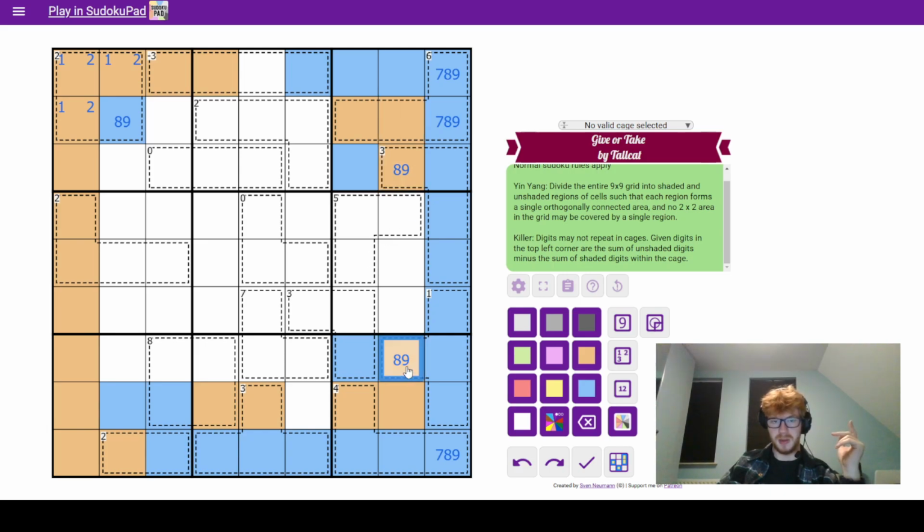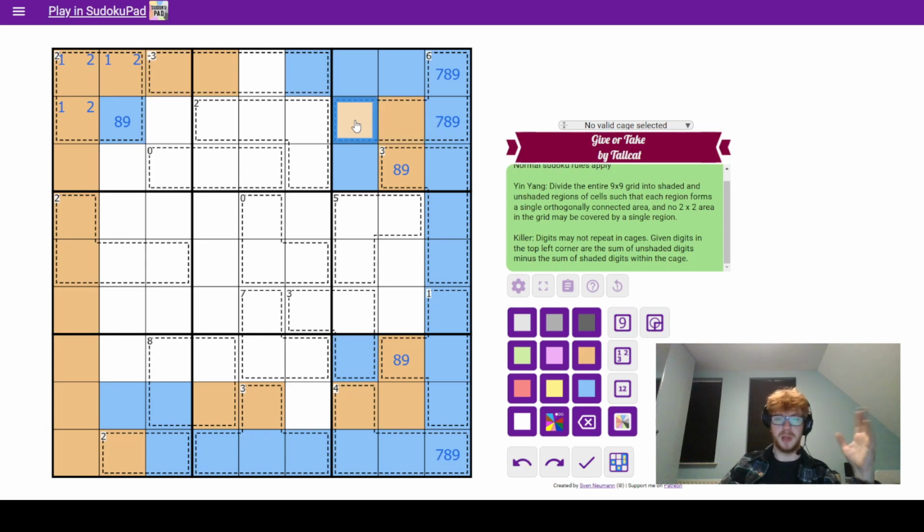But it can be 9 because of these two. Okay. So it's either 15 and this is 9, or 16 and this is 10. So basically this total is 9, 10, or 11.